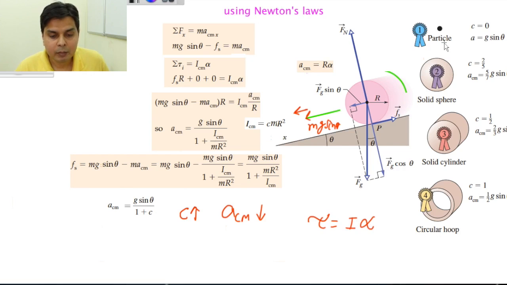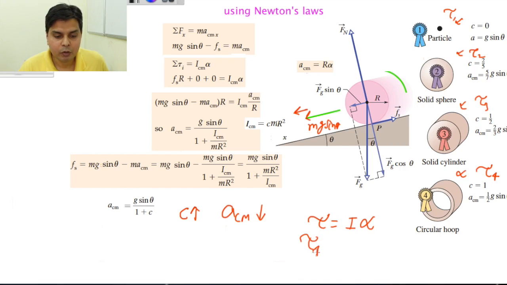So for the same amount of alpha, here the torque will be largest. Suppose this is tau 4, this is tau 3, this is tau 2, this is tau 1. Why will this tau 4 be largest? It will be largest because I4 is largest for a circular hoop.